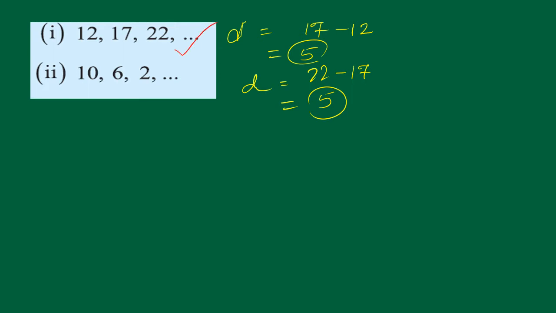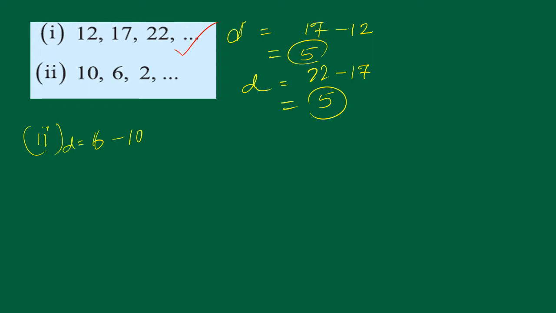And let's have a look at the second one. You get 6 minus 10. You have to subtract 10 from 6, because 10 is the first term, 6 is the second term, 2 is the third term, right?